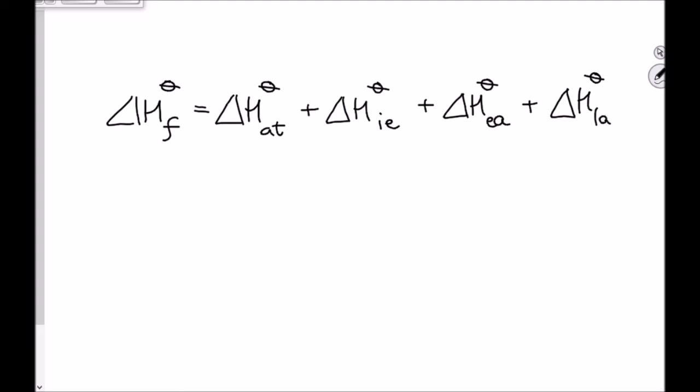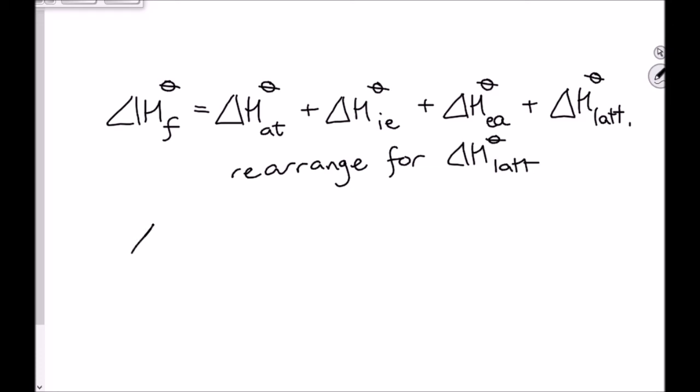That formula is the full way round the Hess cycle the opposite way. Most of the time we're going to be looking for the lattice energy, so I'll rearrange it for the delta H standard lattice energy.